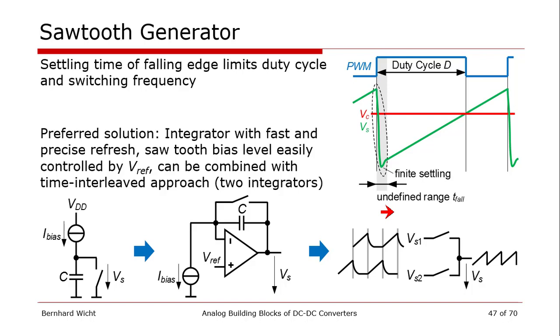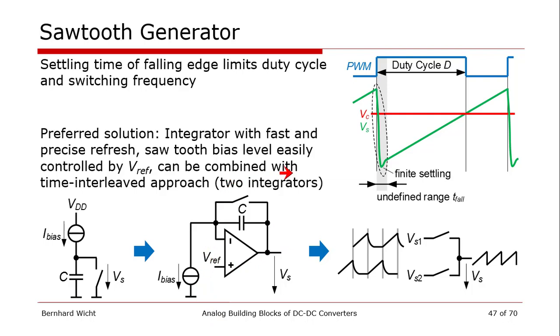The next is the sawtooth generator. The most simple concept is we charge a capacitor with a current source. This is the simple idea, but to be compliant with the common mode range of the comparator, we want to start with a little bit higher value, so it's convenient to use this kind of active integrator circuit.